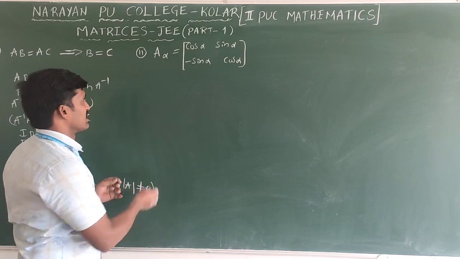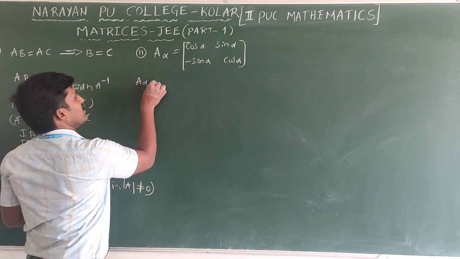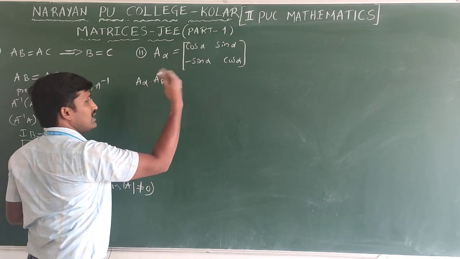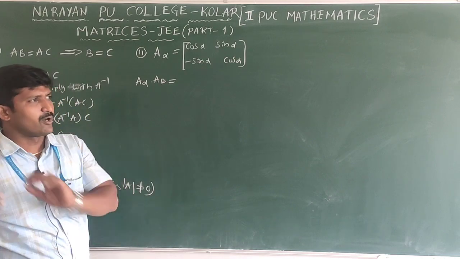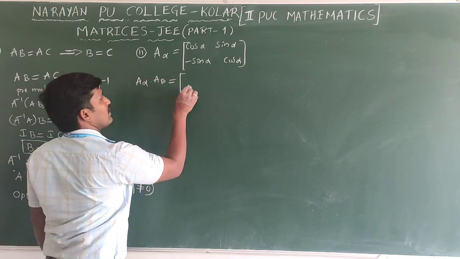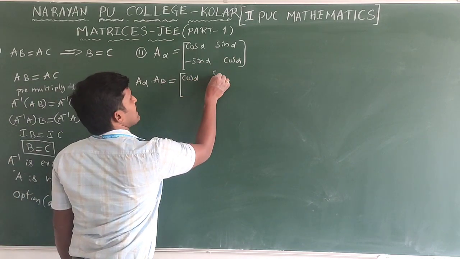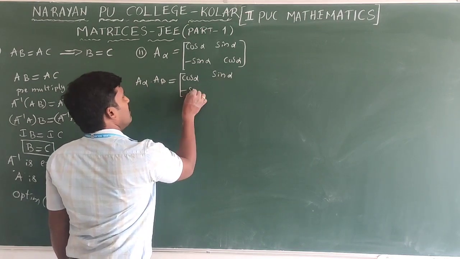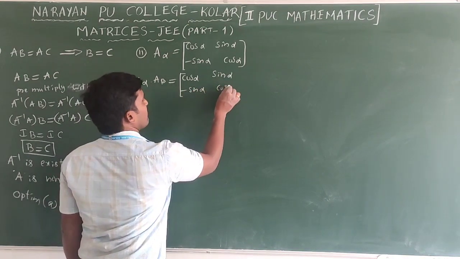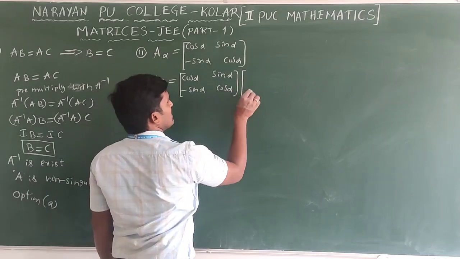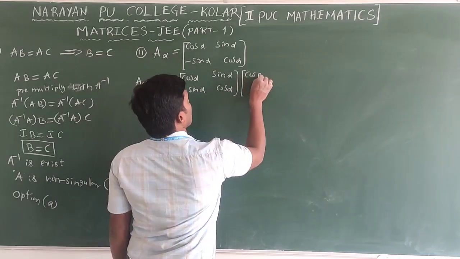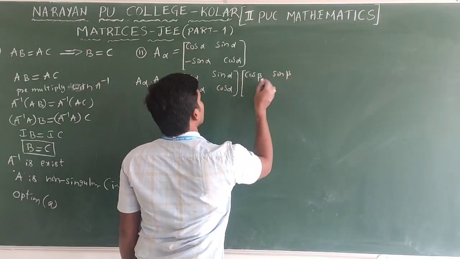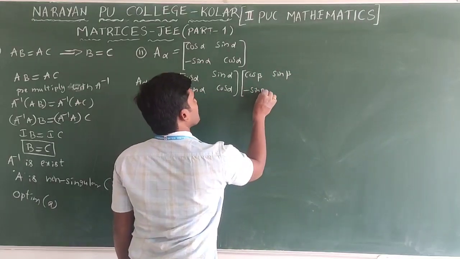That value we need to find in the form of the given options. Cos alpha, sin alpha, minus sin alpha, cos alpha, into A beta, that is cos beta, sin beta, minus sin beta, cos beta.